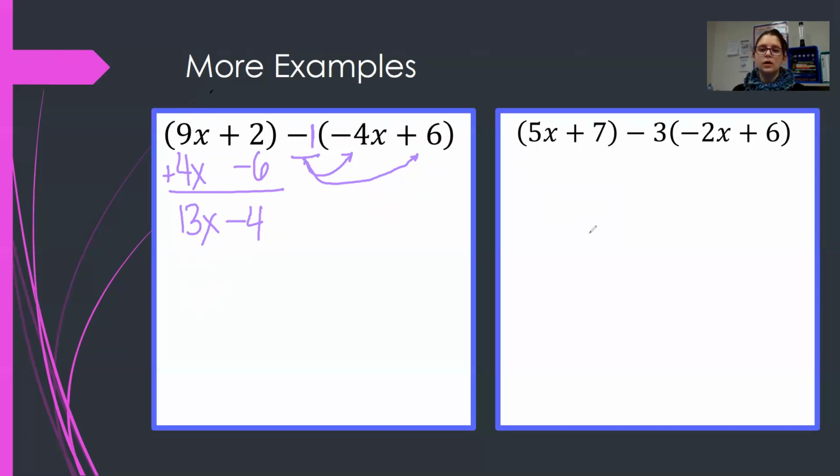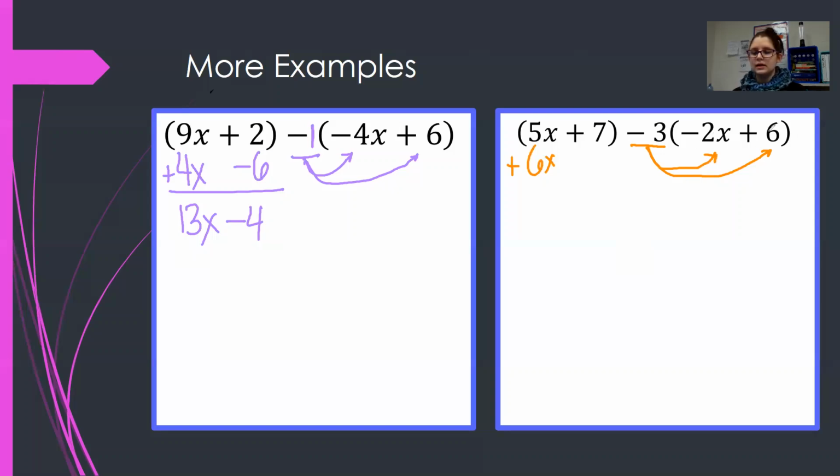Now, our last example I want to introduce already has a number where we've been adding the 1. So in this case, we do not add a 1. We just think of this as a negative 3, and we distribute it. So negative 3 times negative 2x is a positive 6x.